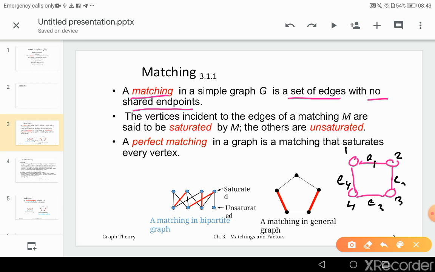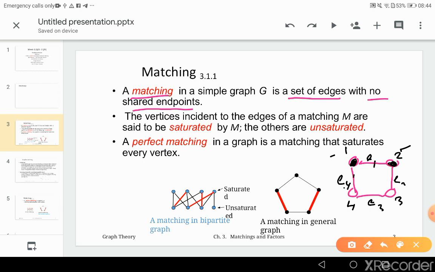E1 has the endpoints, the vertices, 1 and 2. So vertices 1 and 2 cannot be shared with other edges. For E1, the endpoints are 1 and 2, so E1 cannot share its endpoints with E4 and E2.